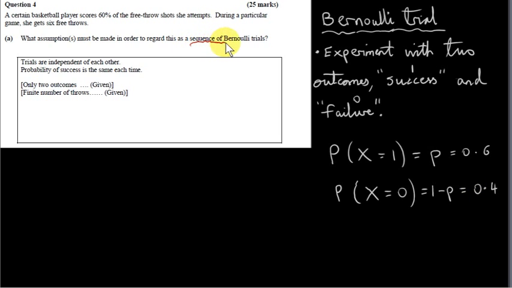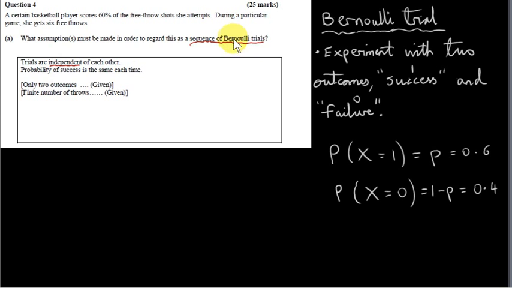What is a sequence of Bernoulli trials? A sequence of Bernoulli trials is a finite number of identical Bernoulli trials. In this example, we are talking about a sequence of free throw shot attempts. If we want a sequence of Bernoulli trials which are identical, then the trials have to be independent of each other.